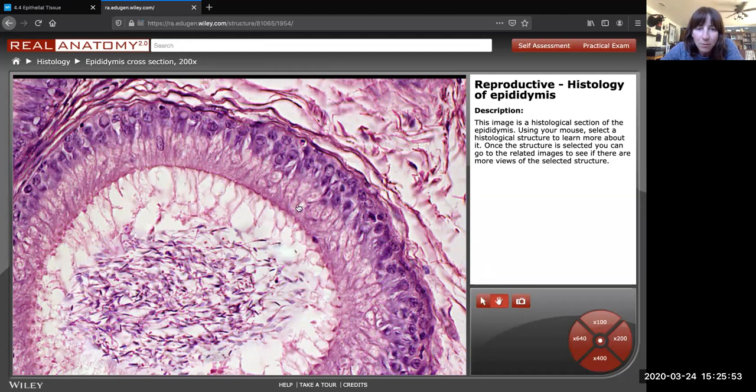We know that it's columnar because these cells are so long and skinny, but it's not simple columnar because the nuclei are not all lined up in a single nice row. It's pseudostratified because some of these cells, like this one right here, are more associated with the apical surface of the tissue than with the basal surface. And really, most of these other cells are more associated with the basal surface.